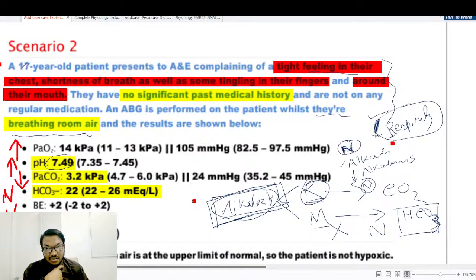Chest tightness, shortness of breath, as well as some tingling in her fingers. Okay, this is a typical patient. I used to get this type of patient. They are mainly in anxiety.